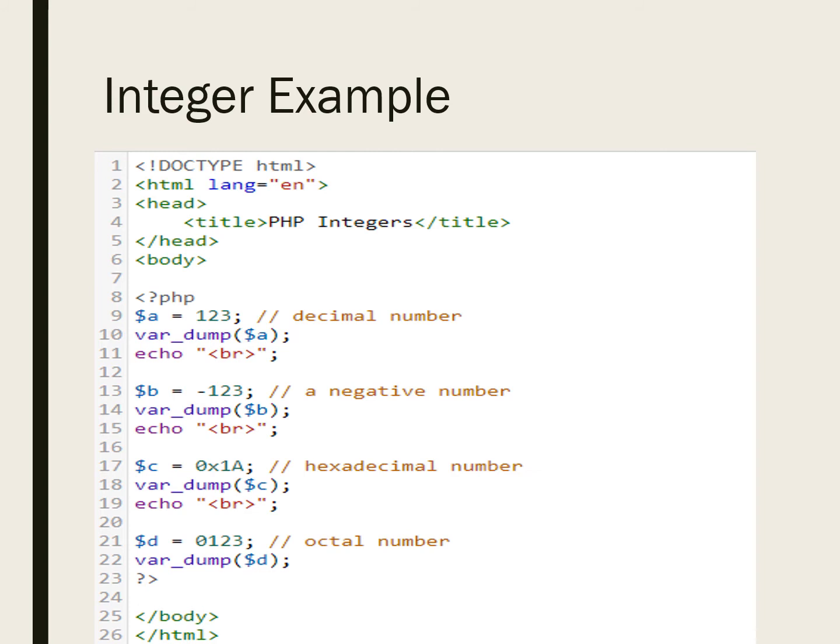In string c, a hexadecimal number 0x1A is stored and echoed, and in string d, the octal number 0123 is stored. All these four integers a, b, c and d are enclosed in strings and echoing their results. This is an example of an integer PHP code.